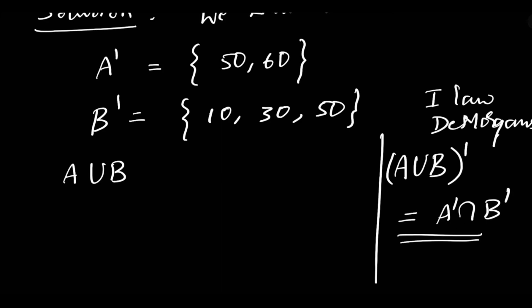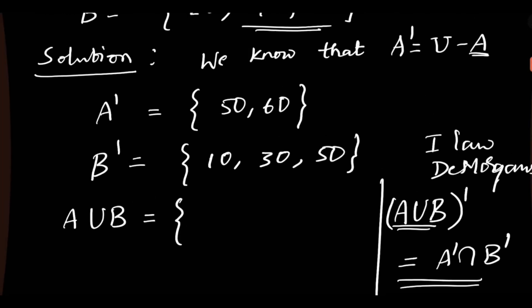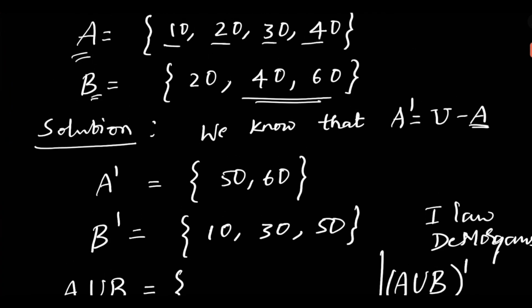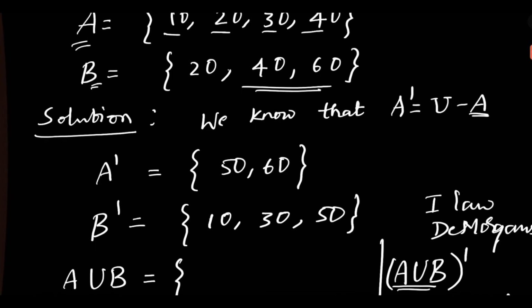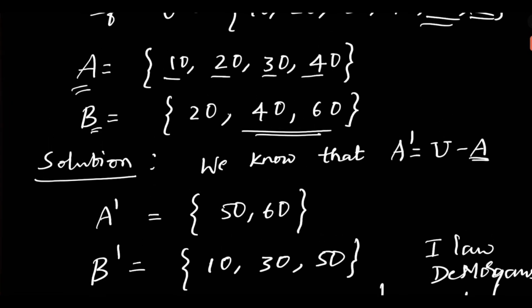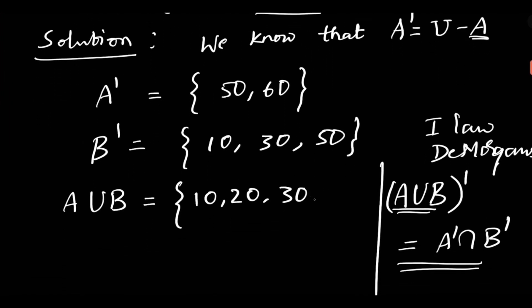So for that we need to find A union B. What is A union B? Both elements in A and in B. That is, you have 10, 20, 30, 40 and 60.